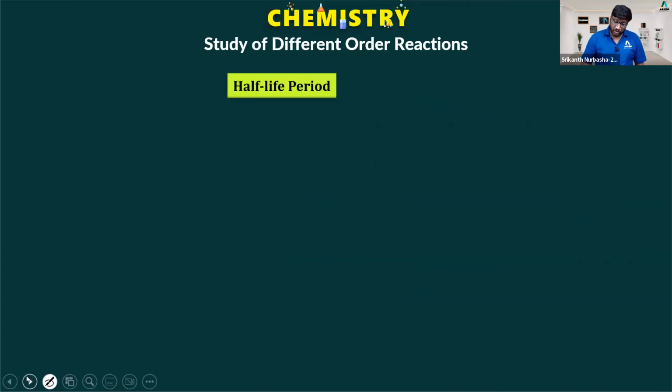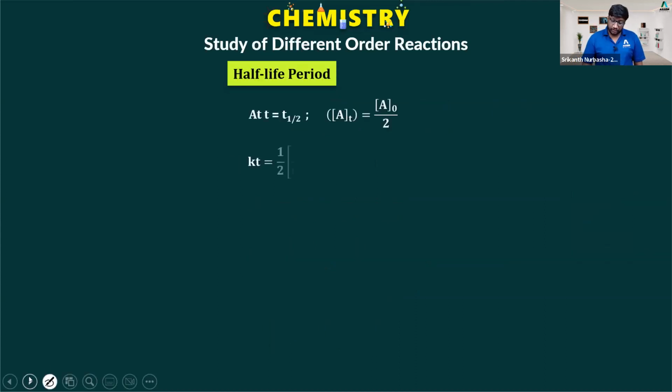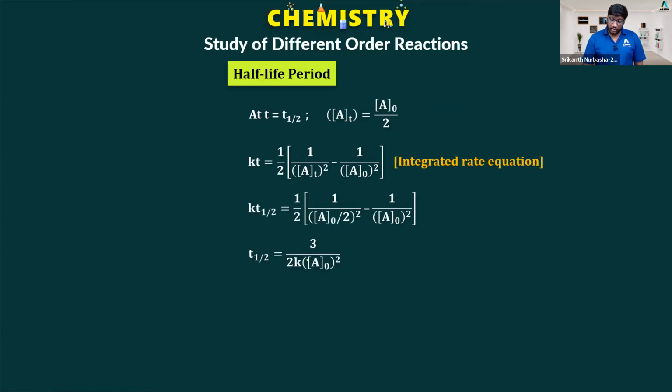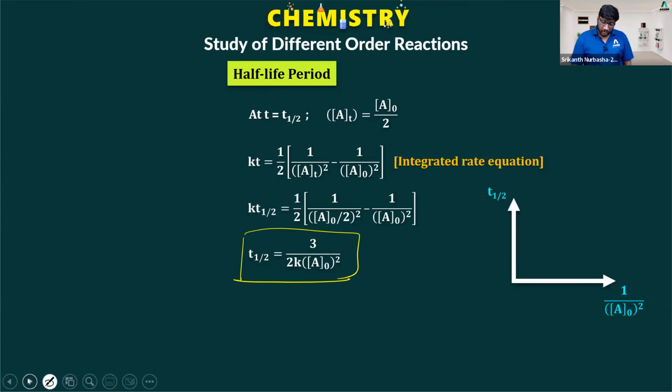T half is how much? T half is 3 by 2k into concentration of A naught power 2. So if you plot a graph between t half and initial concentration of A naught whole square, what type of curve will you get? Again, a straight line passing through the origin with a slope of 3 by 2k. T half versus 1 by concentration of A naught whole square gives a straight line with a slope of 3 by 2k.